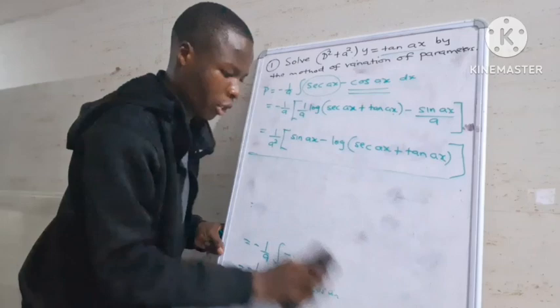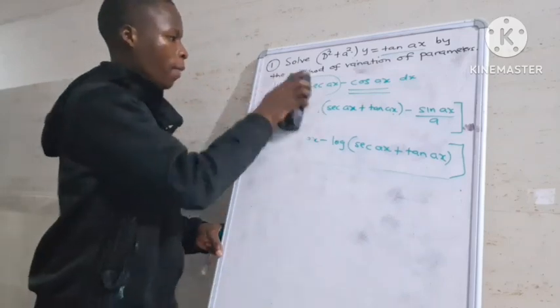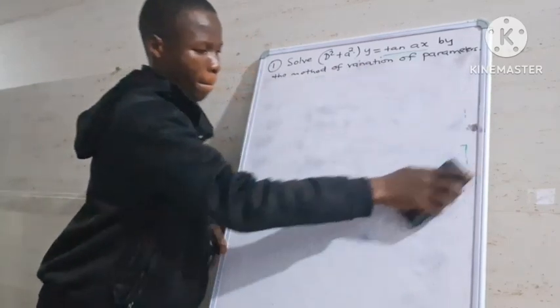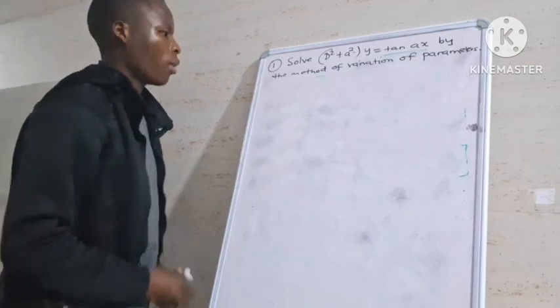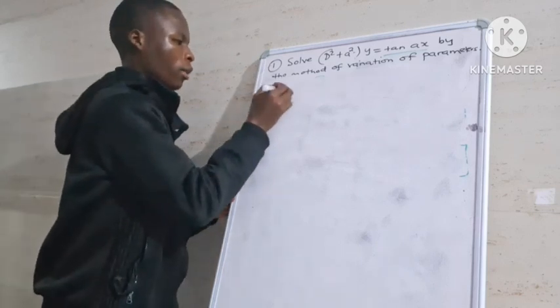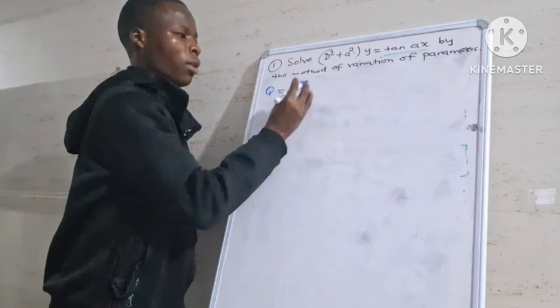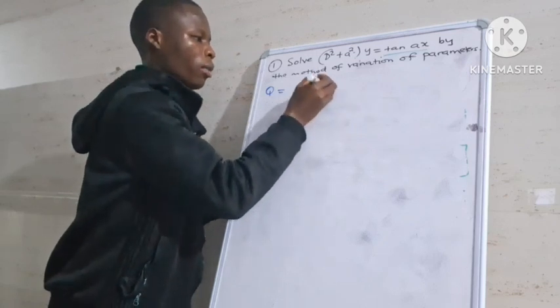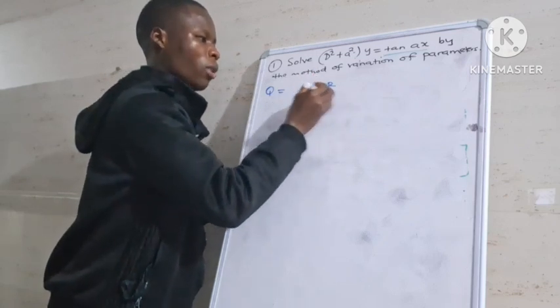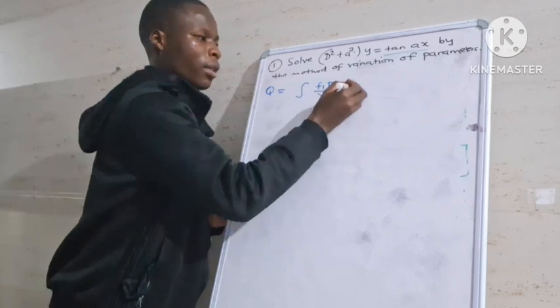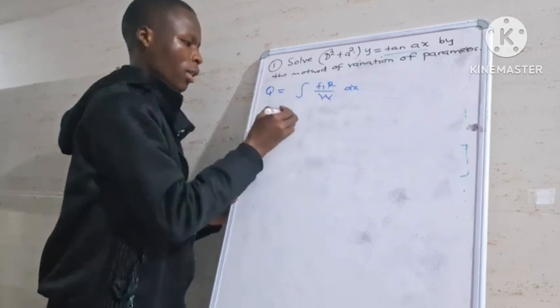Let's find Q. Remember, Q is equal to the integral of f1 times R by W with respect to x.